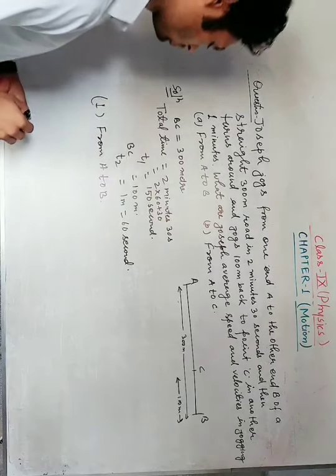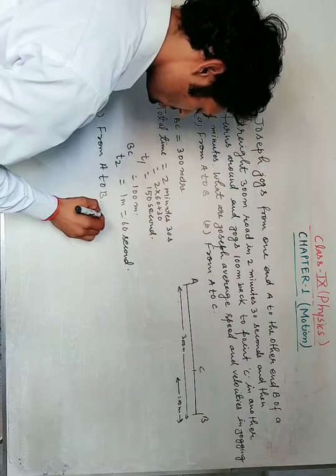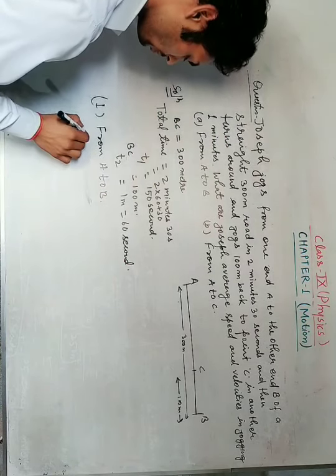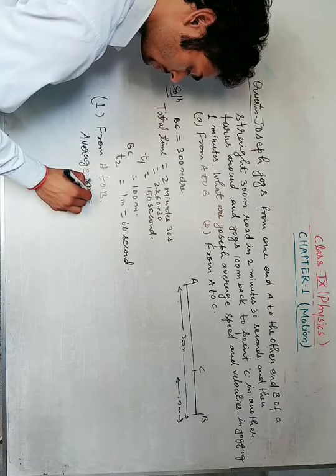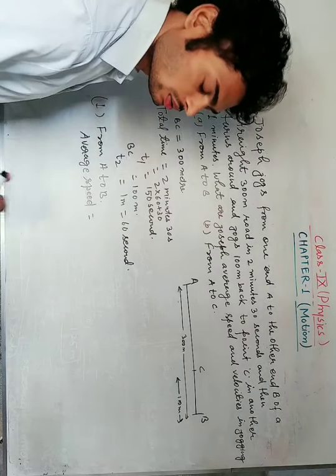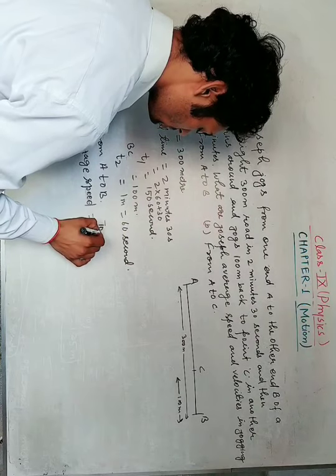Then let's solve first for point A to B. Average speed equal total distance traveled by total time taken.